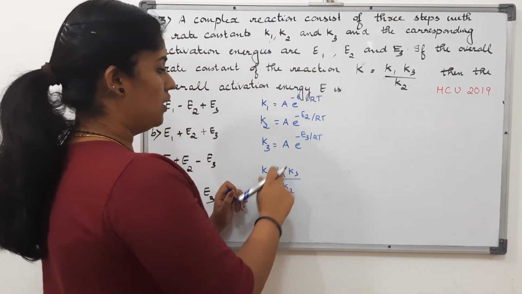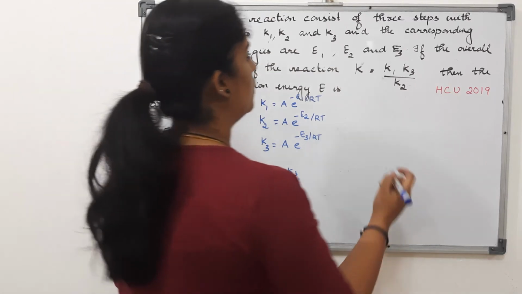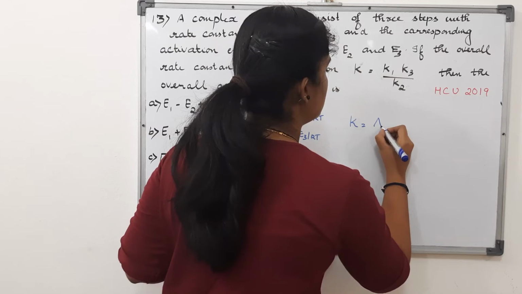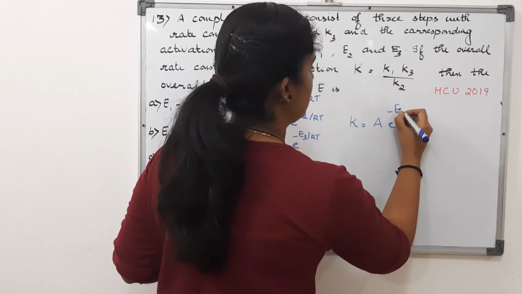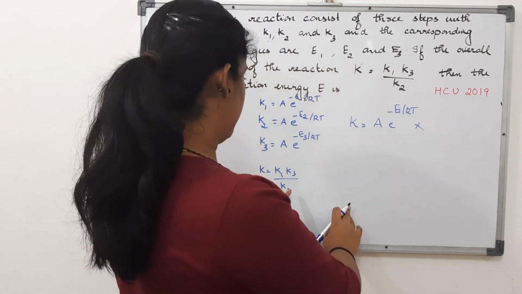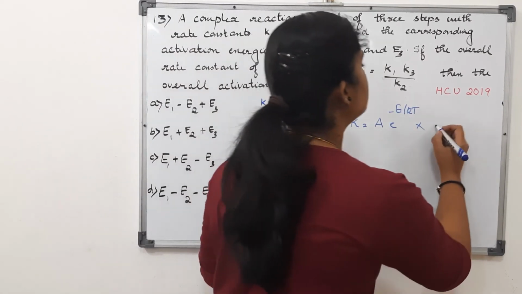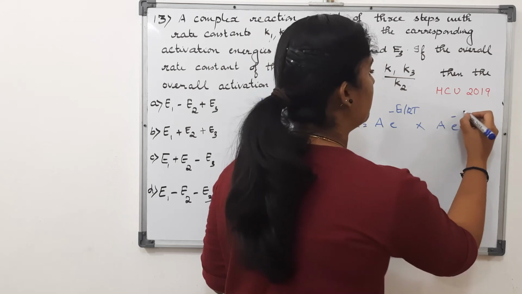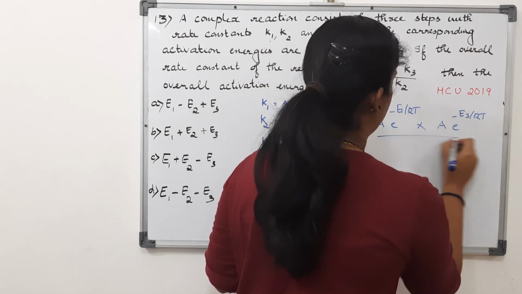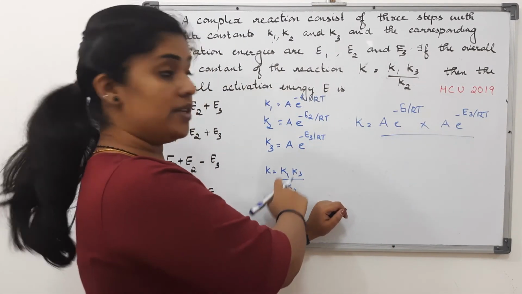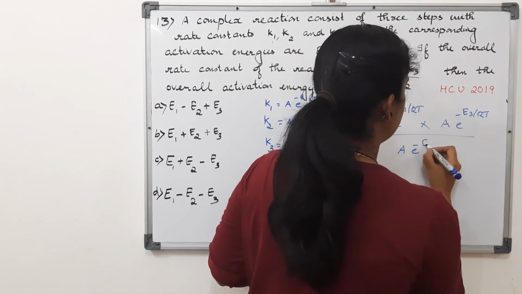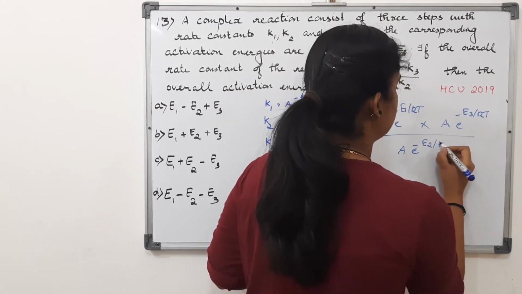So, let's put all this K1, K2 and K3 here. So it comes out like K equals, instead of K1, I am writing A into e power minus E1 by RT, into, now we have K3, that is A into e power minus E3 by RT, divided by, finally we have K2, which was A into e power minus E2 by RT.